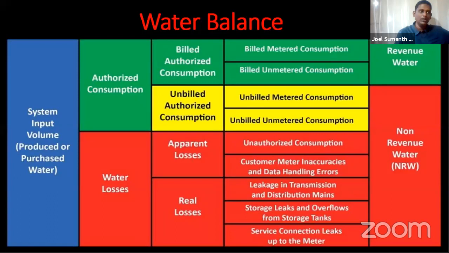Then unauthorized consumption, then consumer meter inaccuracies that come under apparent losses, leakages in transmission, storage leakages, overflows from tank, service connection leakages. So this entire red part of this water balance sheet is your non-revenue water, and these are the different components of it.